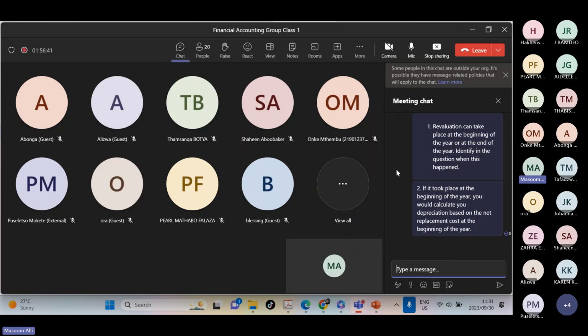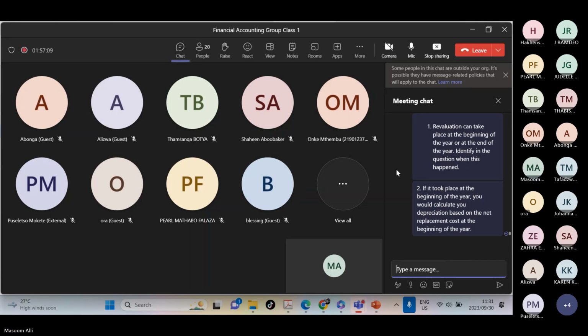Calculating your net replacement value, that is where the thing comes in, because remember, here I've told you very straightforwardly, they revalue the asset to 1.2 million, and that's our net replacement cost. What they might do is they might not give you that. They might tell you that the gross replacement cost of the asset is 2 million rand. Now you can't use that 2 million rand, so you need to get to your net replacement cost.